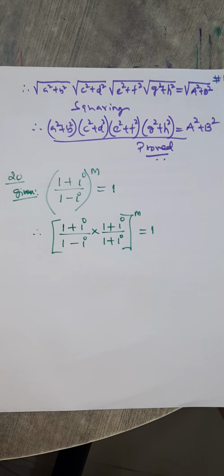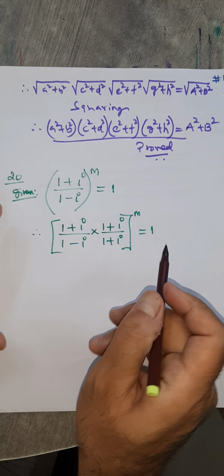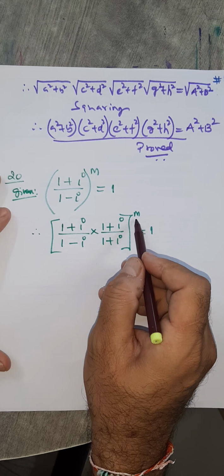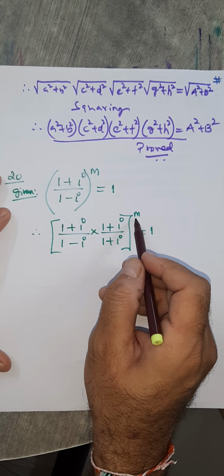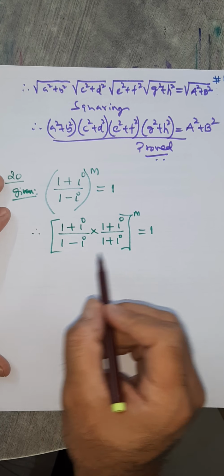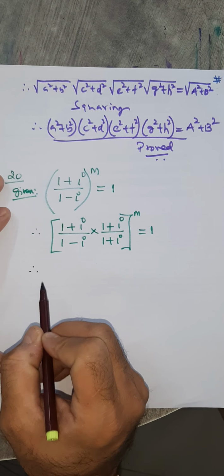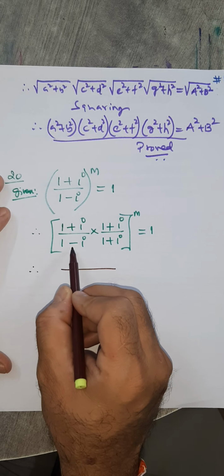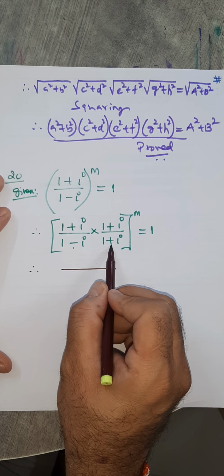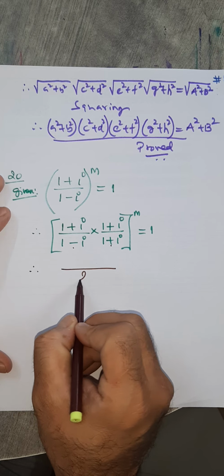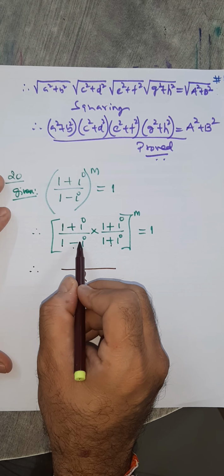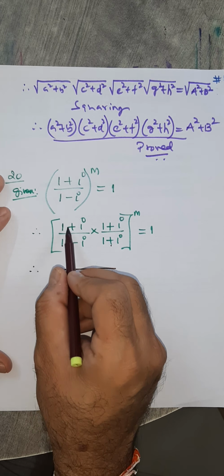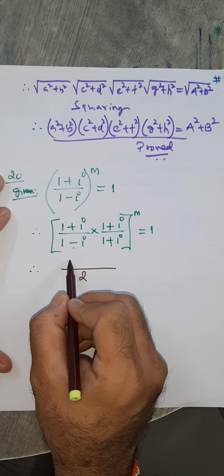What we want to do is find the m for which this becomes 1, and not any m, but the smallest positive integer. Integral means integer, you know. So we simplify this first. What is the denominator? Z into its conjugate, which is x square plus y square, which is 2. What about the numerator? 1 plus iota whole square.